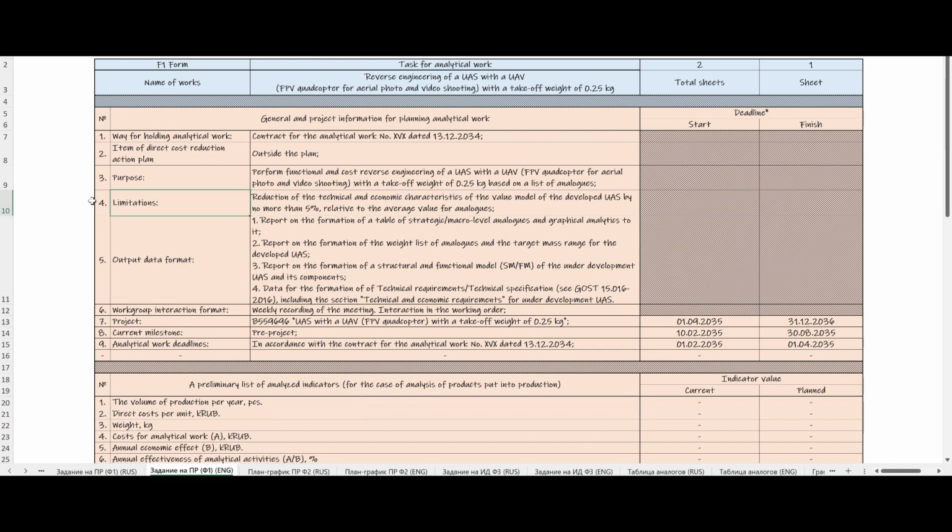in Form 1, the goal and limitations are formulated, namely, reduction of the technical and economic characteristics of the value model of the developed unmanned aircraft system by no more than 5% relative to the average value for analytics.